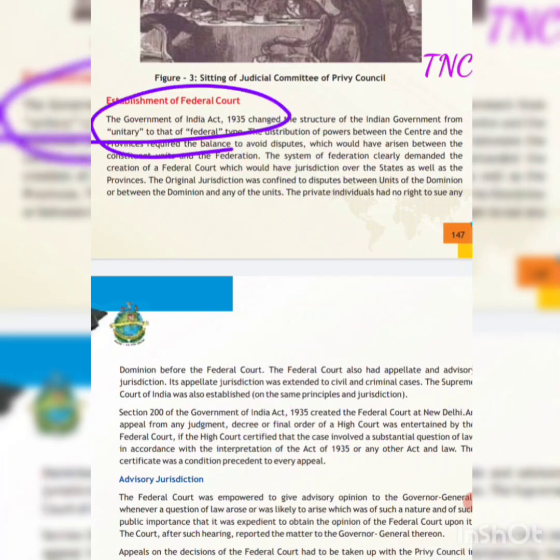Unitary means there will be only one unit that will govern the whole nation, and federal means there will be one unit, but there are some sub units also that need to work under this unitary or union government, and there will be some state governments, and this is what we have today also, right? So basically that was given by this act only.